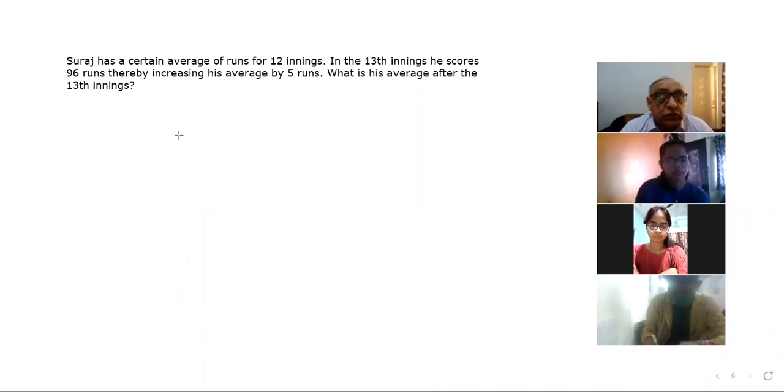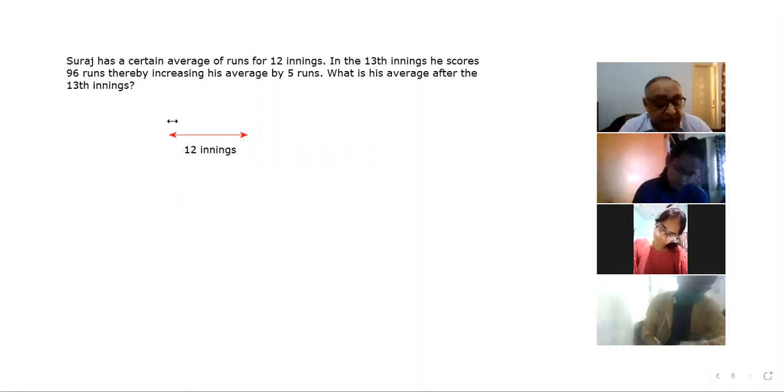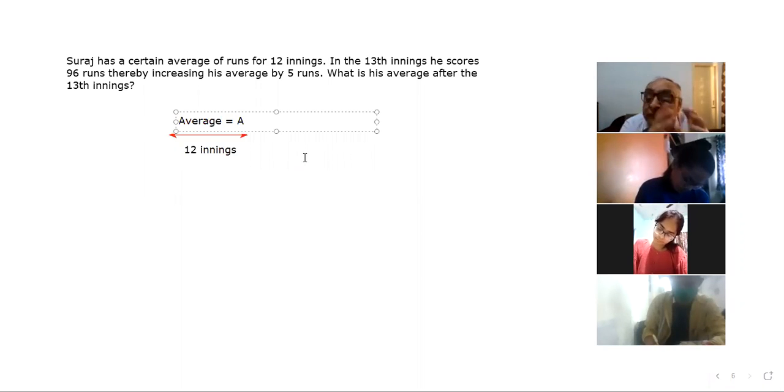So these are the 12 innings. Clear? 12 innings. And the average score of these 12 innings is not known. Let's suppose it is A.